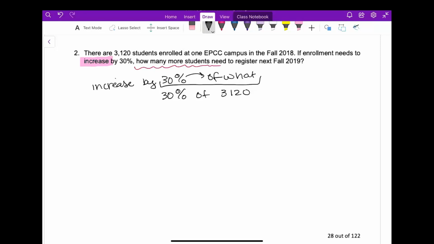So an important keyword that we see in this question is the word of. 30% of is a multiplication. It's a very important keyword. And another thing that we do with 30% is we convert it to a decimal. So we have 0.30 times 3,120.